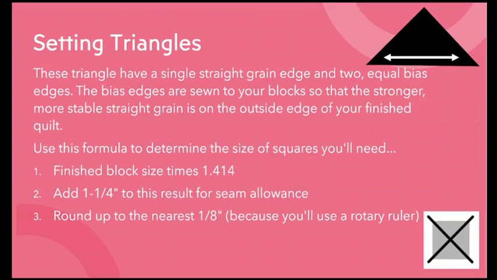All of the inside edges of this setting triangle, in the upper triangle here, are going to be the bias edges. The edges on this upper triangle that don't have arrows in them are bias, which means when you go to sew them to your quilt, you need to be careful. You need to not really pull them.